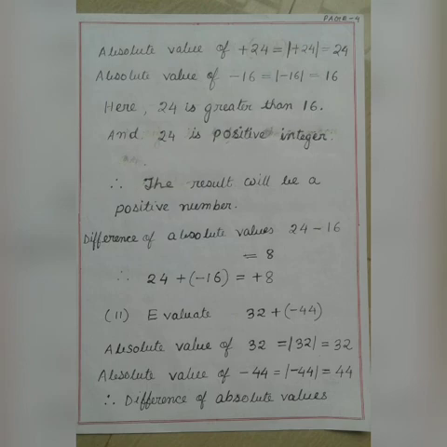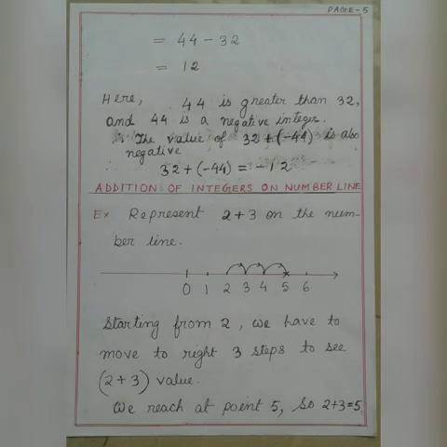Now the difference of the absolute values: we have the greater number 44 and the smaller number is 32. Now we shall subtract 32, the smaller number, from the greater number 44 and we get 12. But 44 is a negative integer.